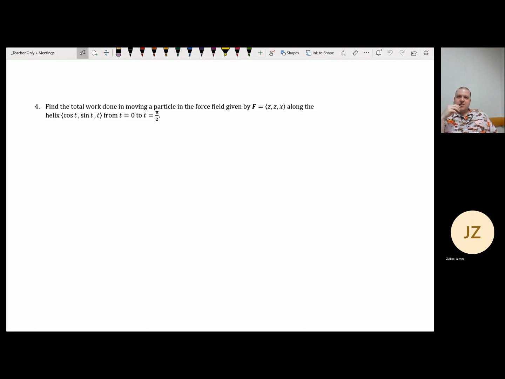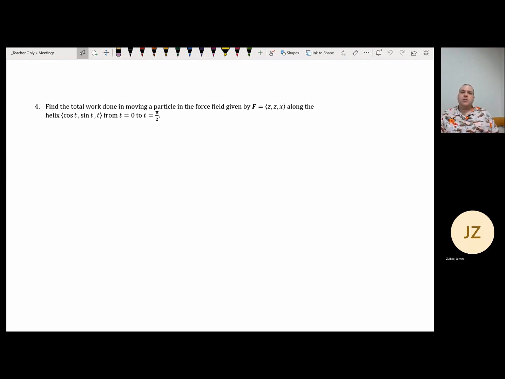Then we did a force vector moving along a position vector, and it was F dot R, but force was constant. So it was essentially the equivalent of a constant force moving in a straight line, except now it's constant force moving along some path.